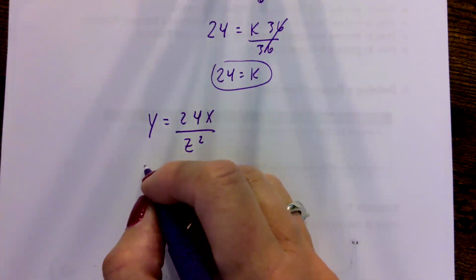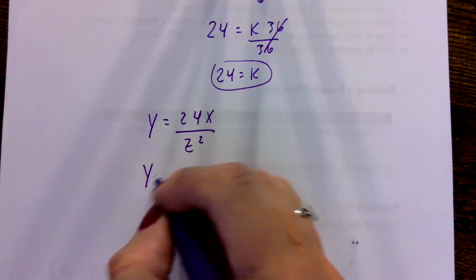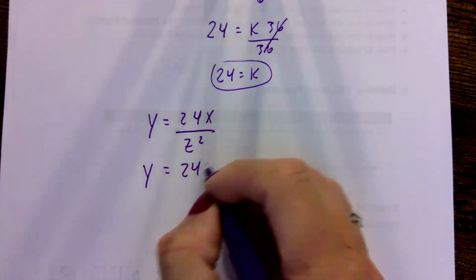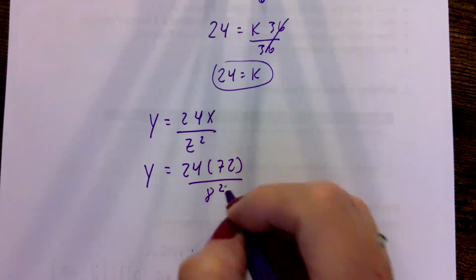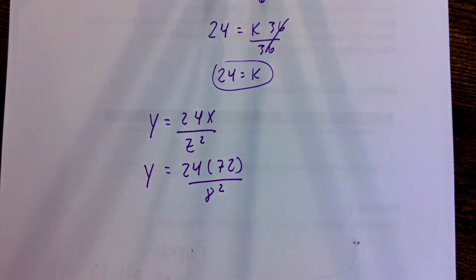So if X is 72 and Z is 8. Okay, so I'm going to just do this math in Desmos because that's too much math for me to do in my head.